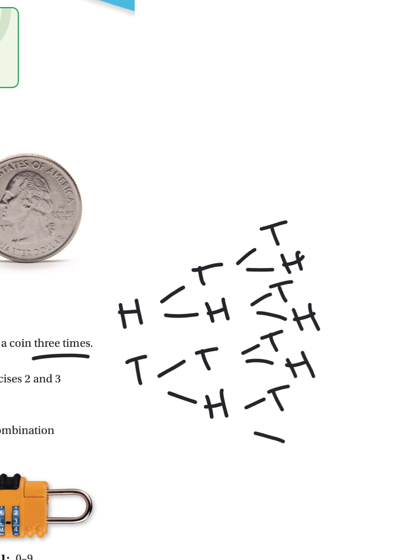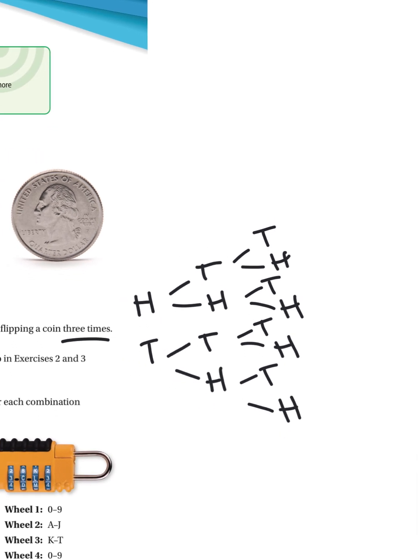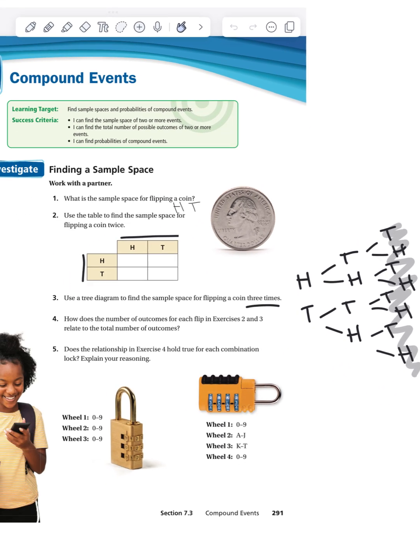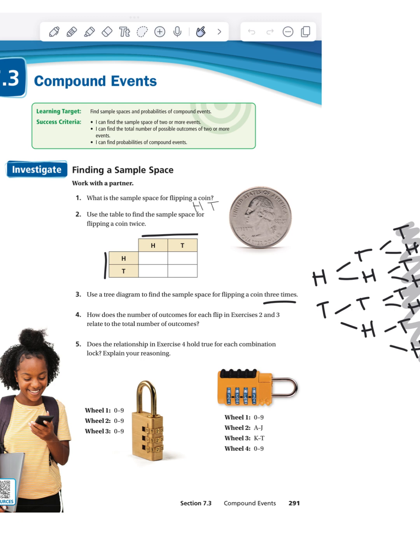It gets kind of a lot when we get out there. Fun fact, you can find the total number of outcomes by counting how many outcomes you have in that last row. So there are 2, 4, 6, 8 possible outcomes. Flipping 3 coins or flipping a coin 3 times.